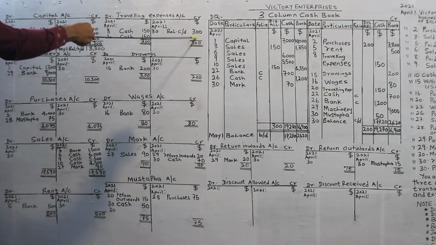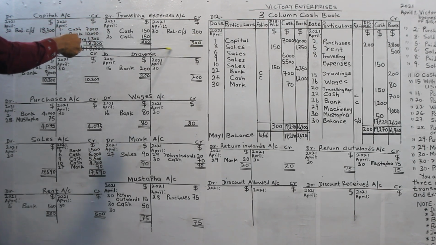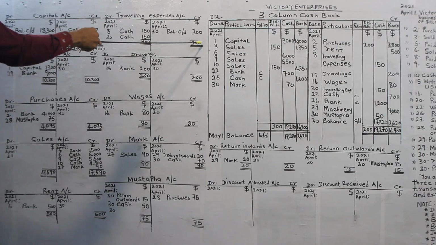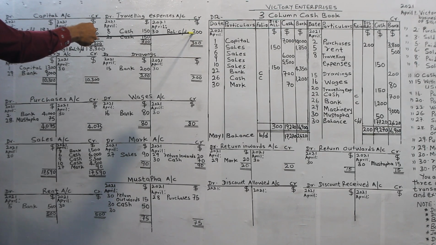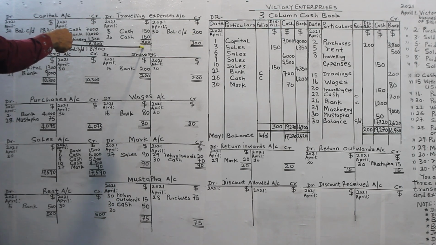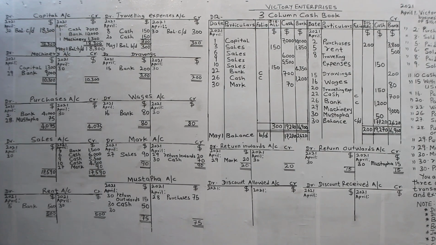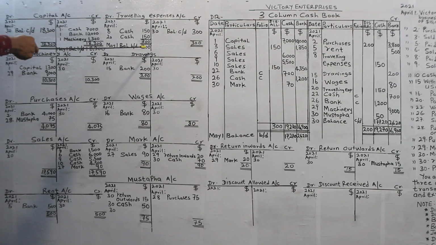Of course, we bring down the 300 to be in the same line with these closed figures. Then we initiate our balance brought down by bringing this 300 directly under the closed figure on the debit side, and it now becomes the balance brought down. We now have 300 as the balance brought down for May 1st, 2021.